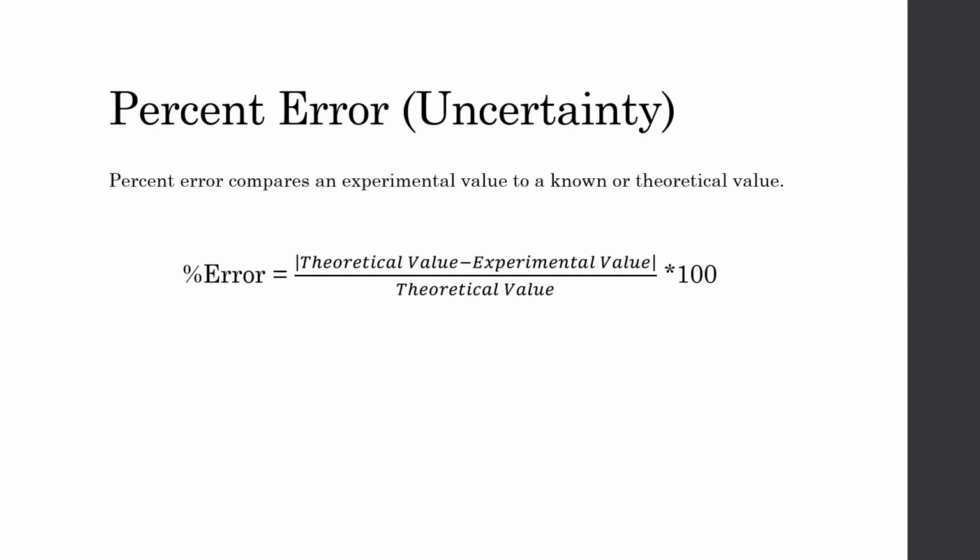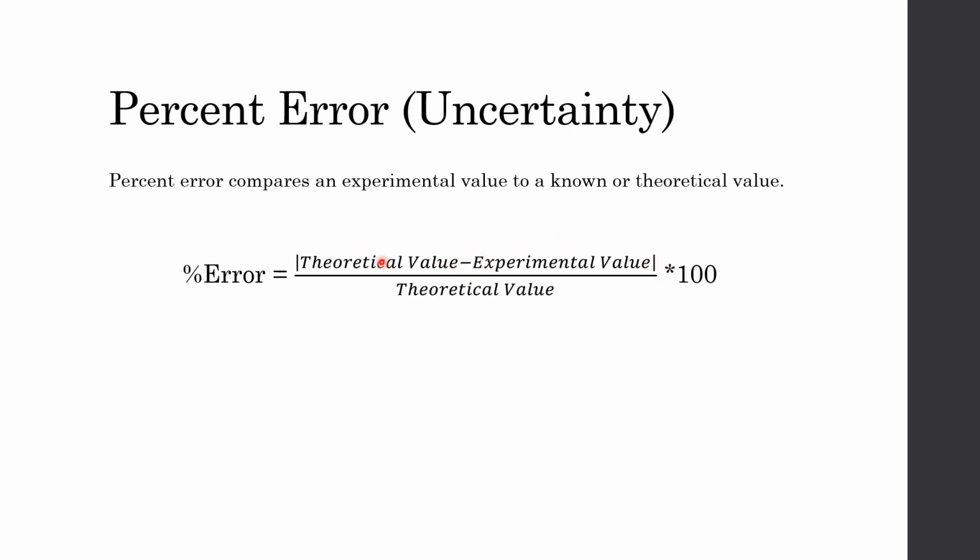Many scientists over many, many years have done the same experiments over and over again and gotten the same result, or nearly the same result, which has given us the theoretical value. And so our theoretical value is the average of all of those very careful measurements. Okay? So percent error is comparing that theoretical value that many scientists have confirmed with your experimental value that you got in the lab.